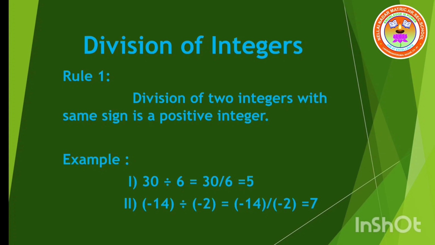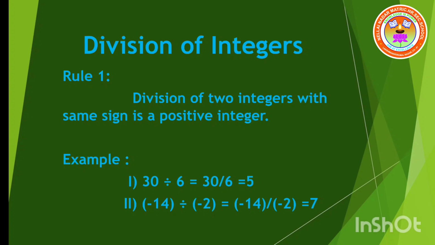Next, the second one, minus 14 divided by minus 2. Here both the numbers are negative. So what should I do? Since both the numbers are negative, according to rule number 1, division of two integers with the same sign is a positive integer.